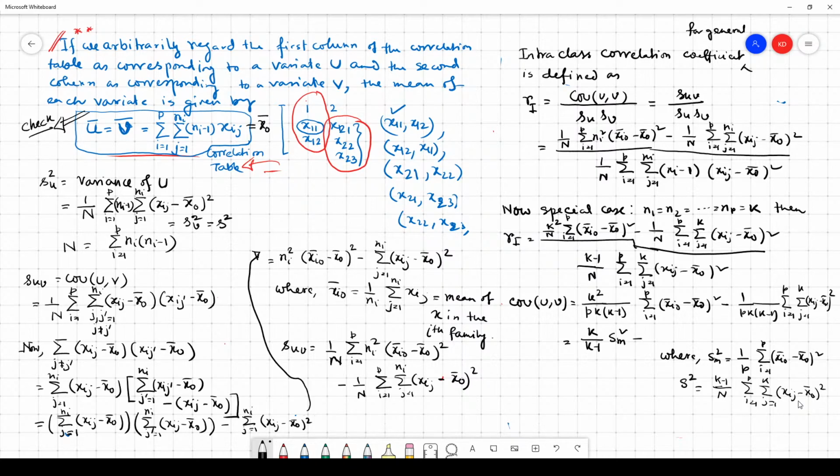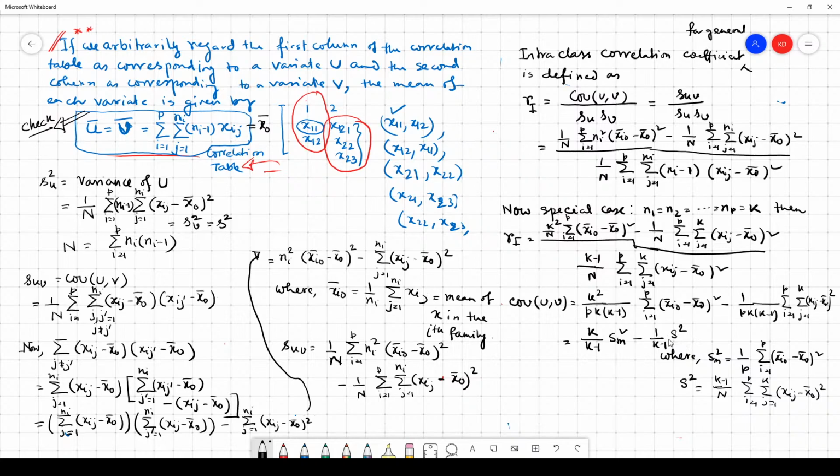So therefore this is 1 by k minus 1 S square.